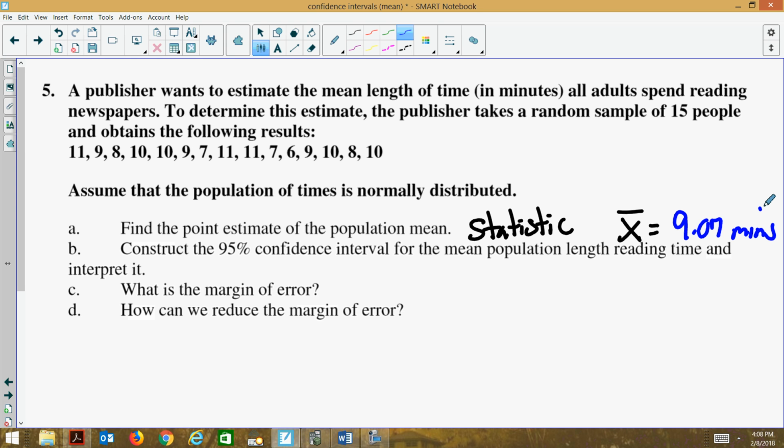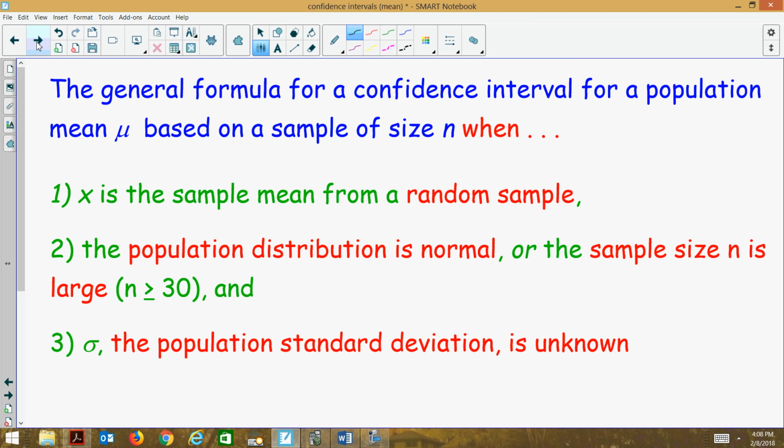Part B asks to construct a 95% confidence interval for the mean population reading time and interpret it. Before we perform a confidence interval, we always have to check the conditions. The conditions for a t distribution are the same as the conditions for a z distribution.